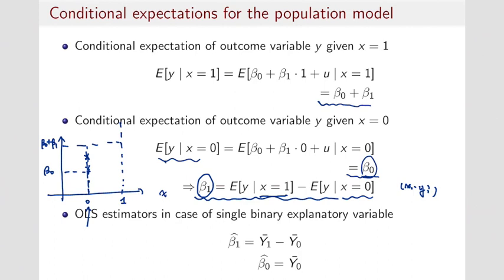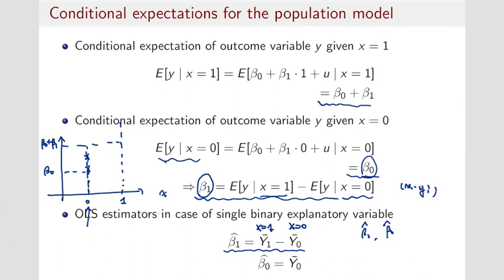We can similarly apply the OLS method to obtain the estimator. If we simplify the beta 0 hat and beta 1 hat from OLS for binary x, we will see that beta 1 hat is called the sample treatment effect. It's the difference of the outcome variable y between these two groups, one corresponding to the treatment group and the other one the control group.